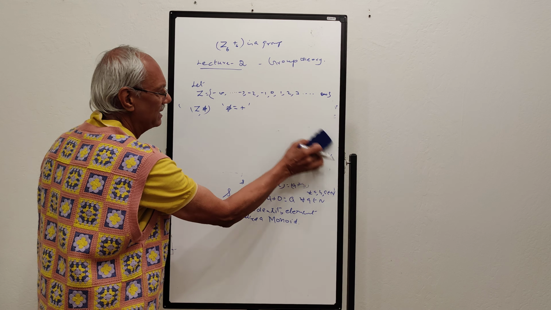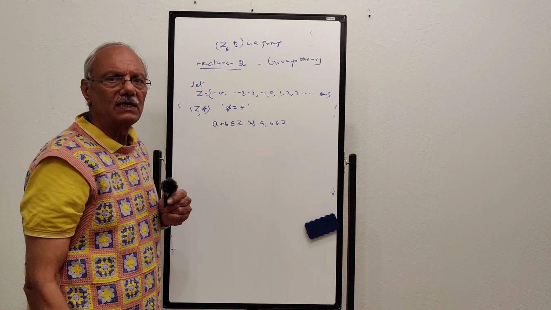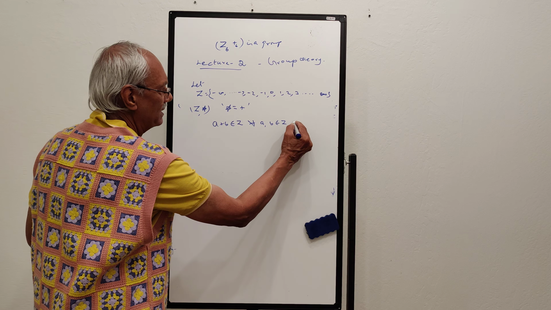So under this, you will find the following results. That is, a plus b belongs to Z for all a, b belonging to Z. You take any two elements, you add them, and you will find that it is again an element of Z. Therefore, closure property is satisfied.